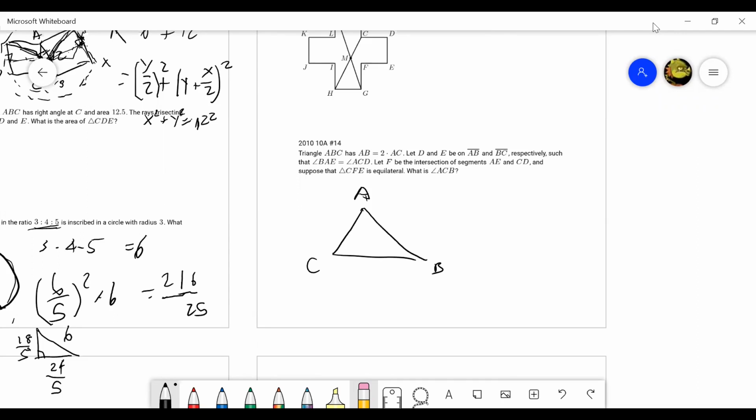It should look something like this. Angle BAE, angle ACD. All right, and you say F is the intersection of the segments AE and CD, so that CFE is equilateral. What is angle ACB?